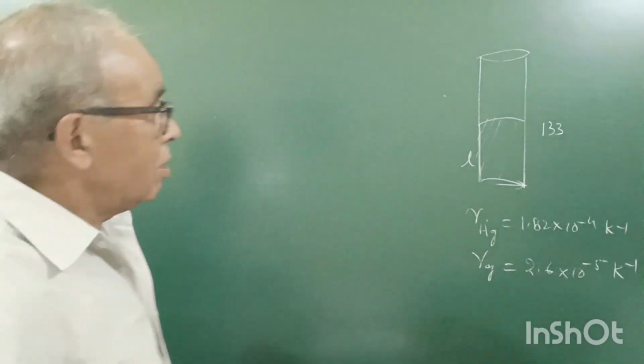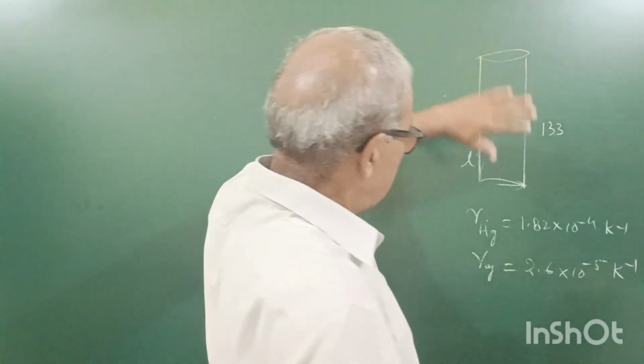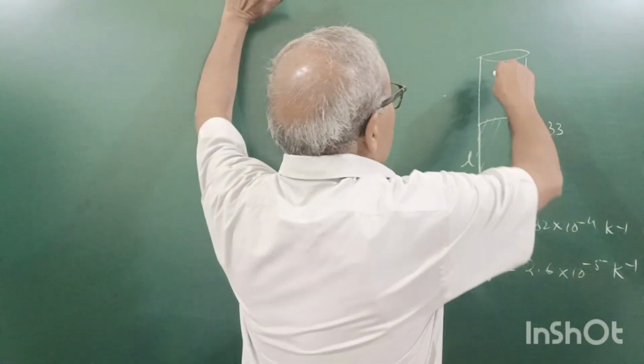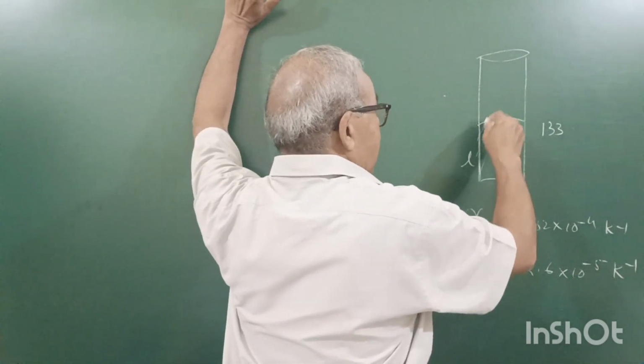So I was telling that the volume of mercury is changing, but the volume of the tube above the mercury level is the same.